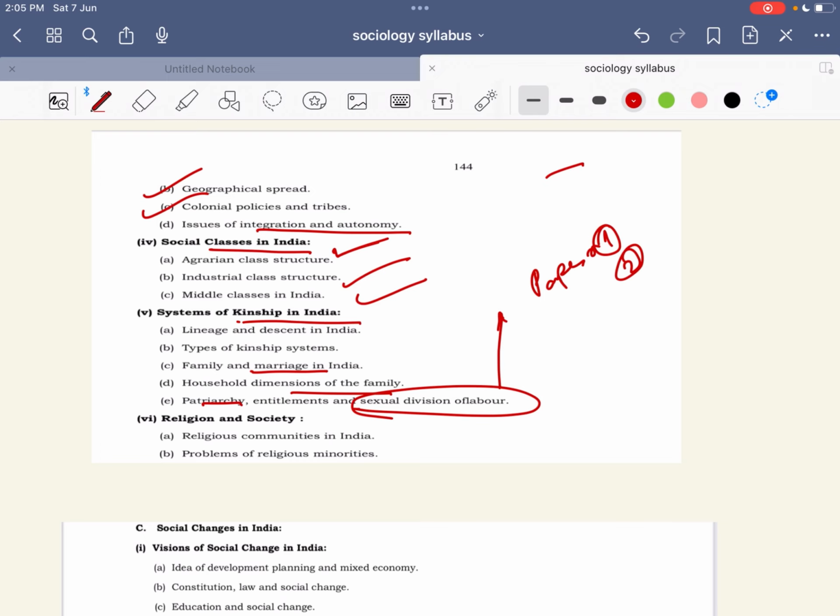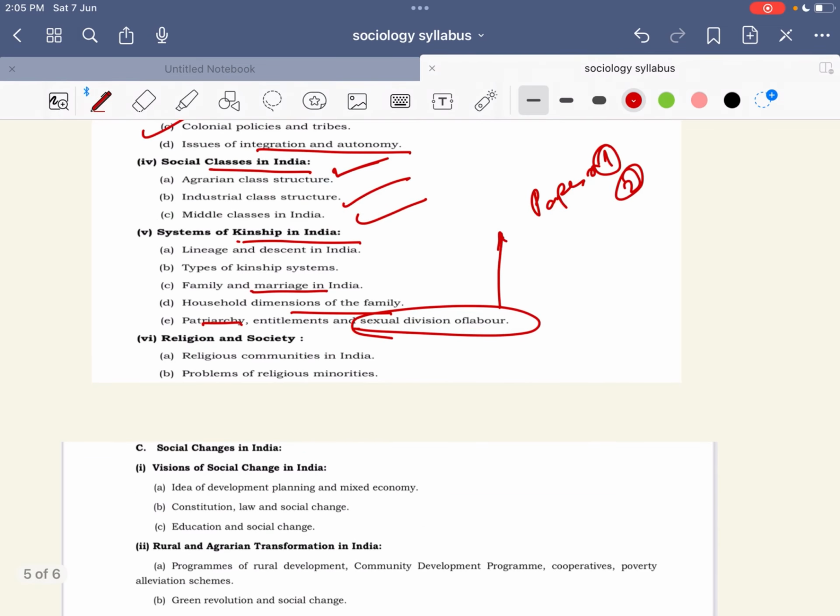Paper 1 is going to help paper 2 and paper 2 is going to help paper 1. So this is the advantage of taking sociology as optional, कि हमें ज़्यादा मेहनत नहीं करनी कि इस पेपर के लिए हमें कोई अलग से मेहनत करनी है और इस पेपर के लिए कोई अलग से. So if you see, Indian sociology is a part of paper 1 also, we can say. It is a part of the world. India is a part of the world. है ना?